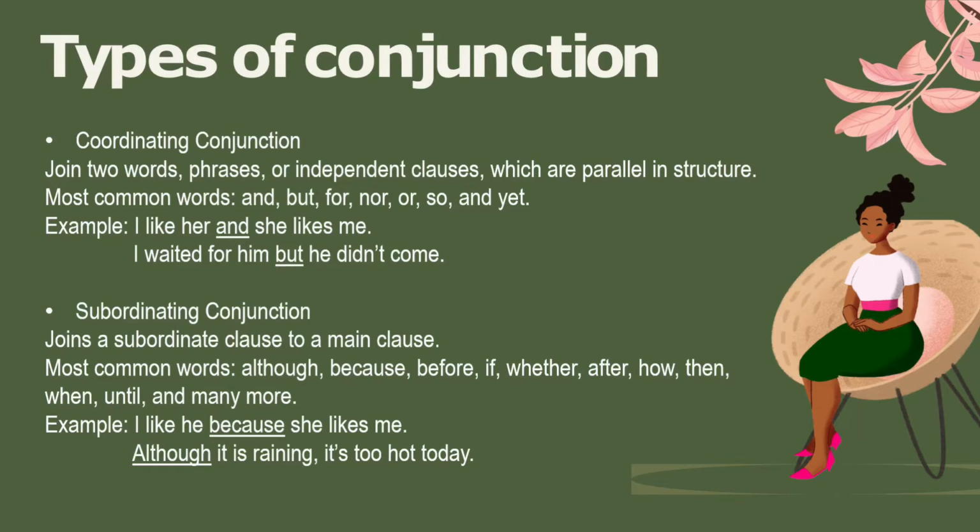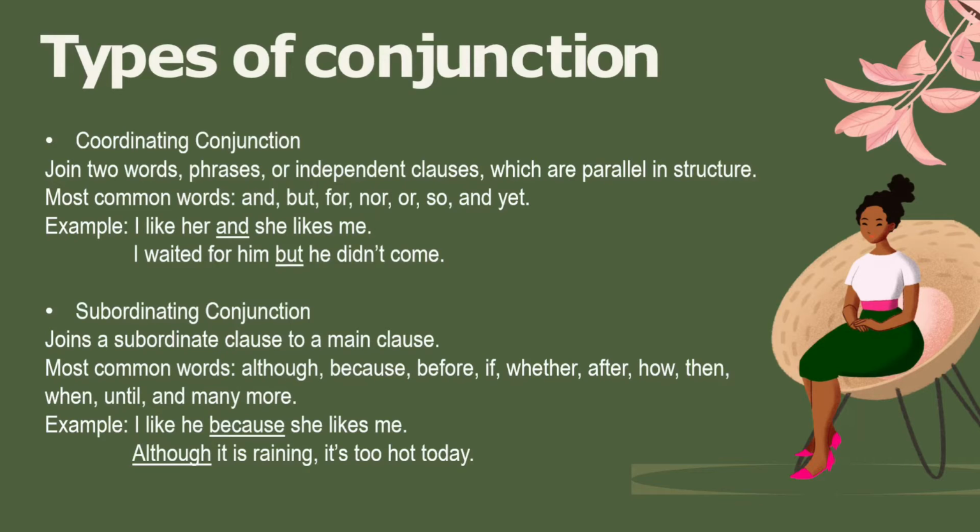Second, subordinating conjunction. This conjunction joins a subordinate or dependent clause to a main or independent clause. Here are the most commonly used words in subordinating conjunctions, such as although, because, before, if, whether, after, how, then, when, until, and many more.